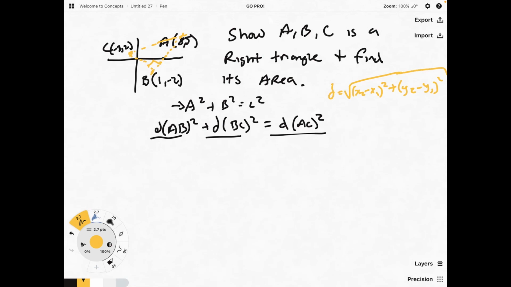If we write out our points, our first point is A at 8, 5. We have B at 1, -2, and C at -3, 2. Looking at the Pythagorean theorem and understanding what a right triangle is, we need to find the distance between A and B, and the distance between B and C.